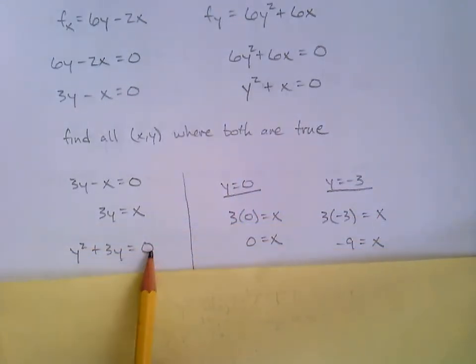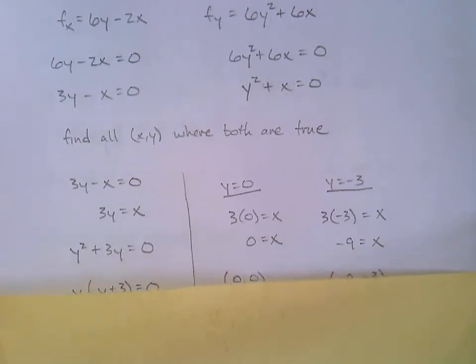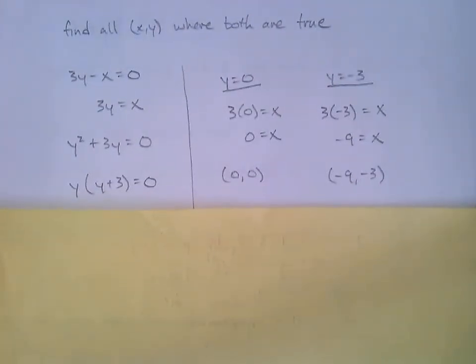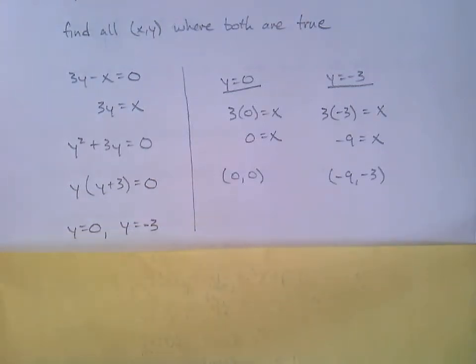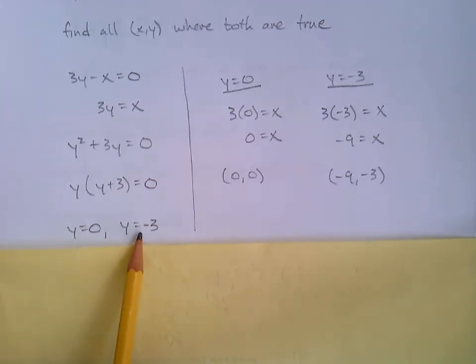y squared plus 3y equals 0. And now I can solve for y. I need to factor. All right, y times y plus 3, and I get two values of y, 0 and negative 3. Since I have two y values, I want to find the x value that goes with each. So I'll start with y equals 0.